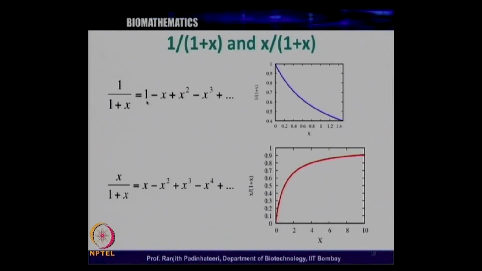So 1 times x is x, minus x times x is minus x square, x square times x is x cube, x cube times x is x power 4. So then you get this function x minus x square plus and so on and so forth. And when you plot this, this looks like this.